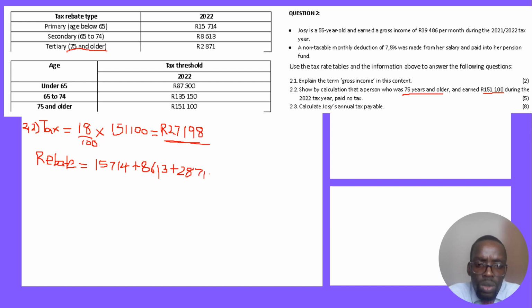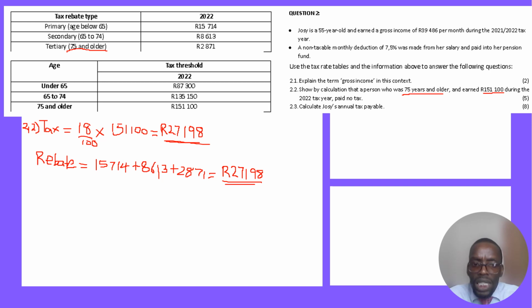So if you add all this up, the answer that you get on my calculator is going to be 27,198. Okay, so this is the amount that you will get as a rebate.